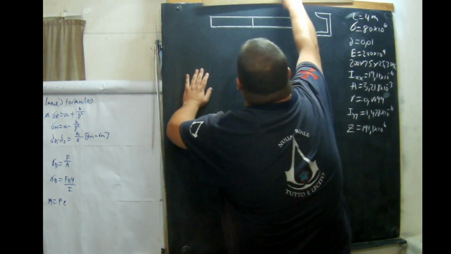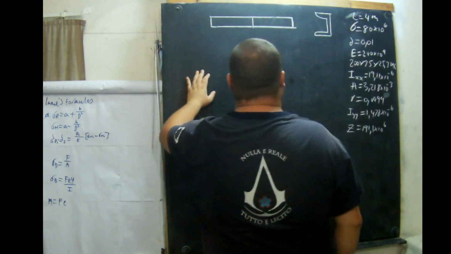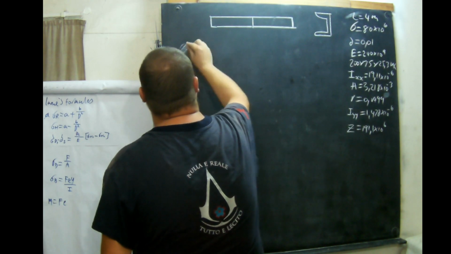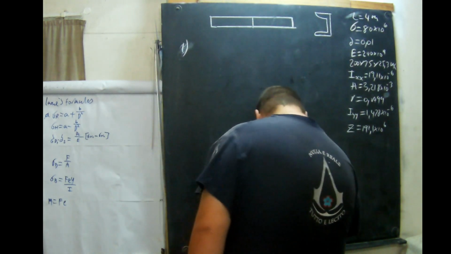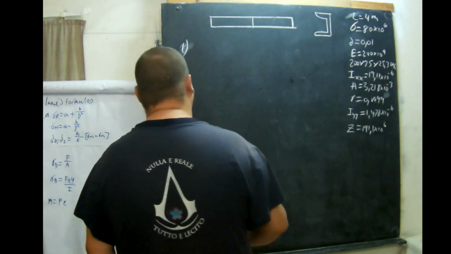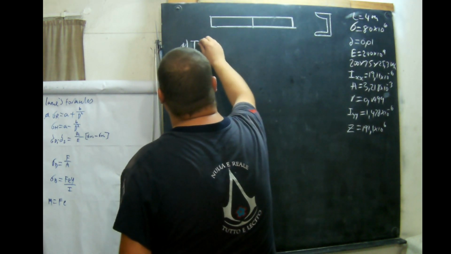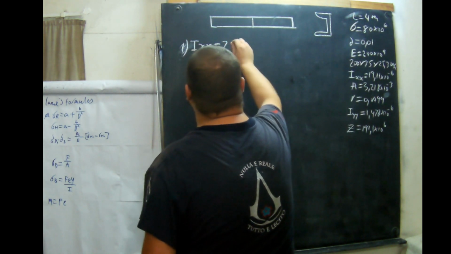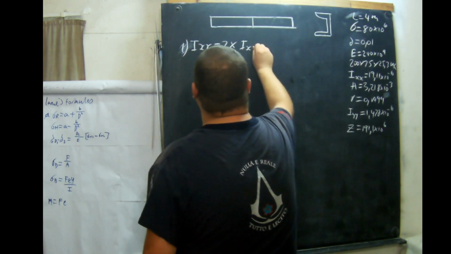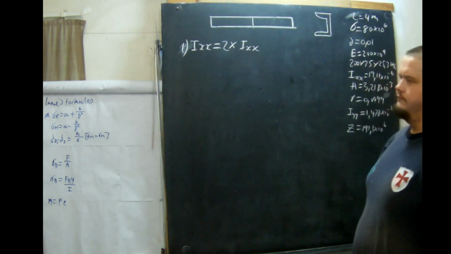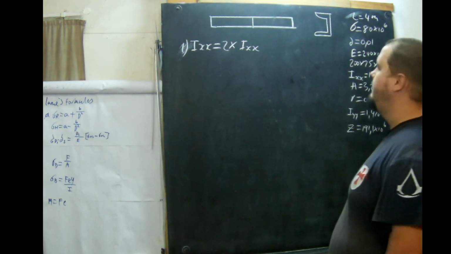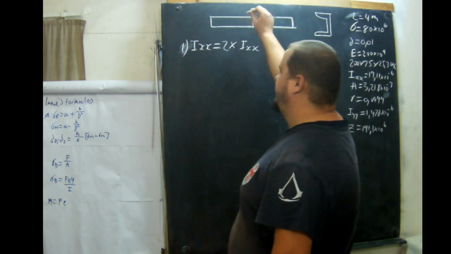So, now what we need to do is 3.1. Question 1 states the second moment of area about both axes. So, we want I, capital X, equals 2 times I, small x. The fact that we multiply this by 2 means that there's 2 channels.